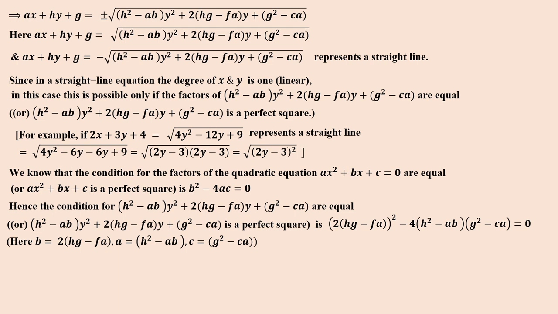That is the condition. So here b is 2hg minus fa, a is h square minus ab, c is g square minus ca.